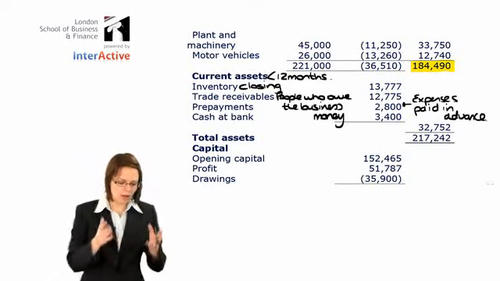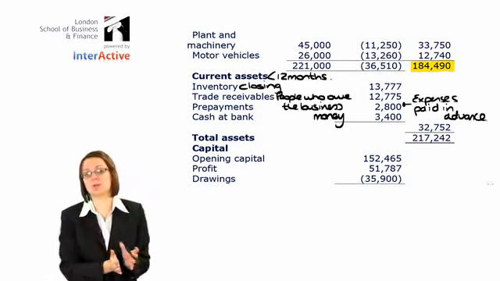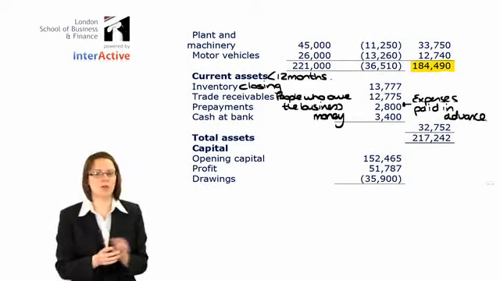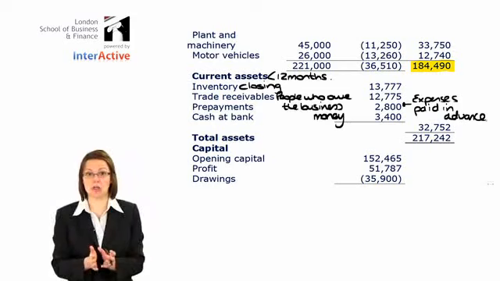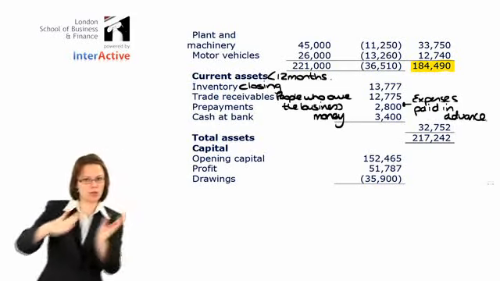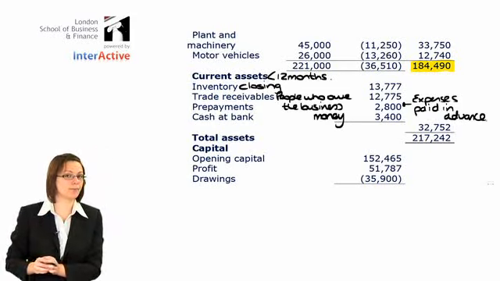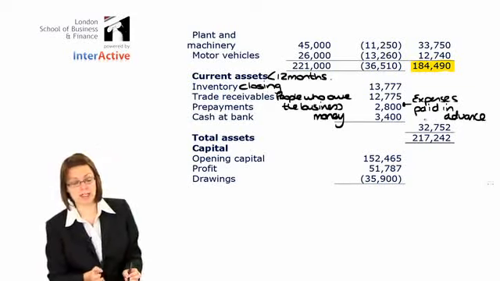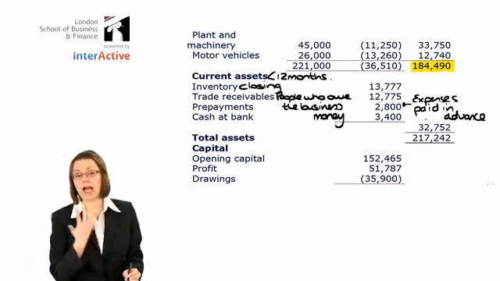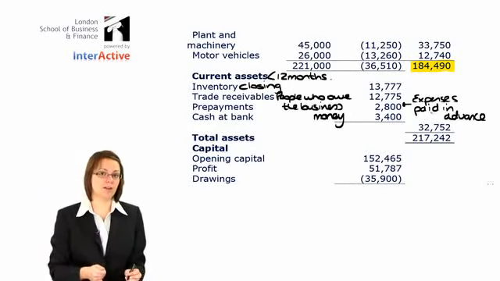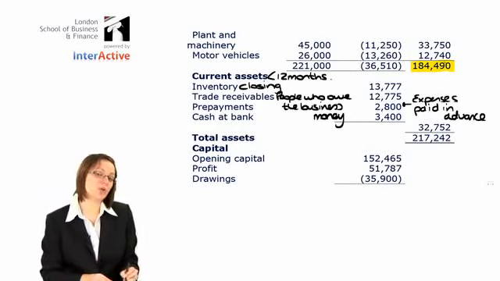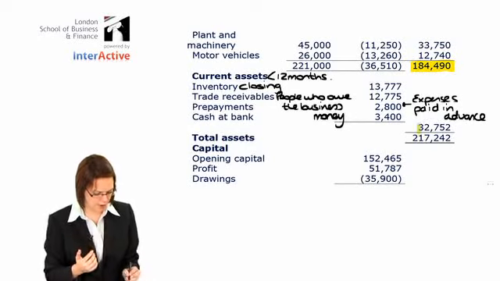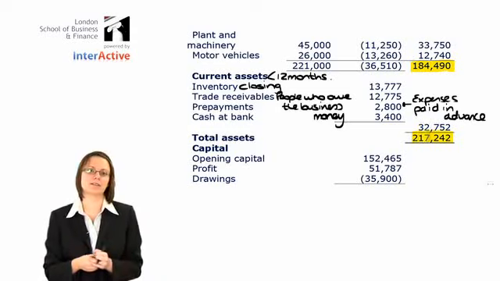So what we do is we pop them in the subtotal column. So you can see now that these three columns, we are now essentially shrinking to two. So subtotal and then a total column. So we subtotal down, bring the total across into the end column, and we're going to add the total of our current assets to the total carrying value of our non-current assets, and that is going to give us total assets.